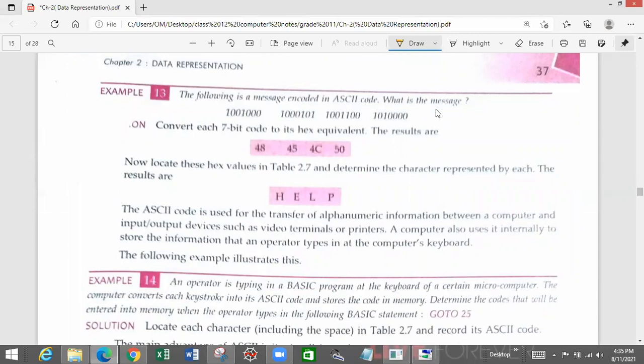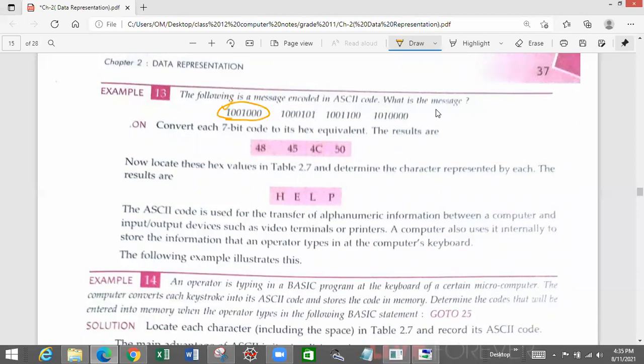One example is also given here. The following message is encoded in ASCII. What is the message? You have to see the table where this value is written. Let's verify what values are there.